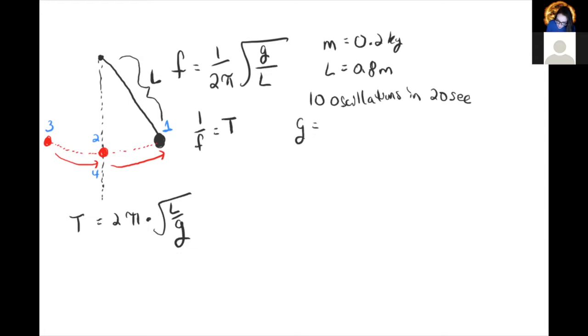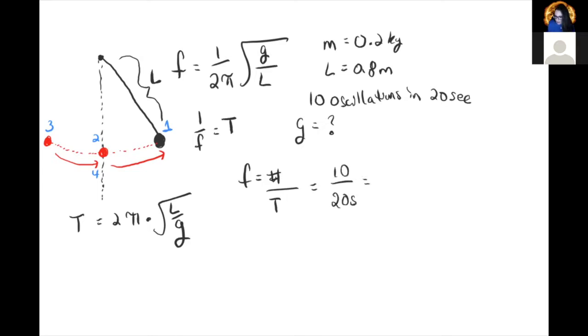g equals question mark. Okay, so the first thing I can do is I can get the frequency of oscillation right off the bat. The frequency of oscillation is your number of oscillations divided by the time it took you to make all those oscillations. So the frequency of oscillation here for the simple pendulum is 10 divided by 20 seconds.